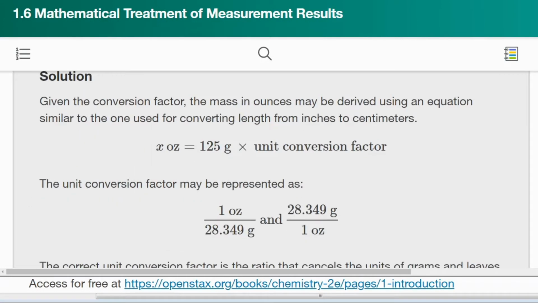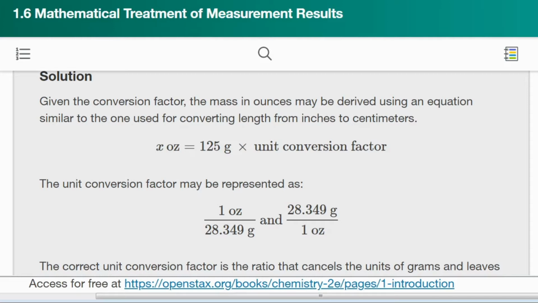Solution. Given the conversion factor, the mass in ounces may be derived using an equation similar to the one used for converting length from inches to centimeters. X ounces equals 125 grams times the unit conversion factor.